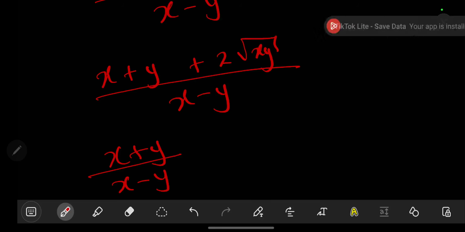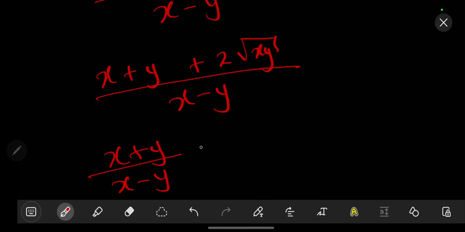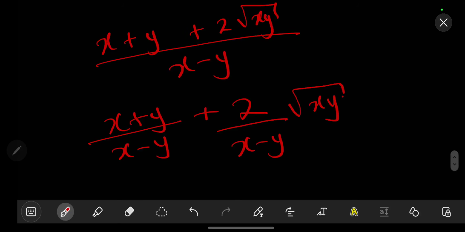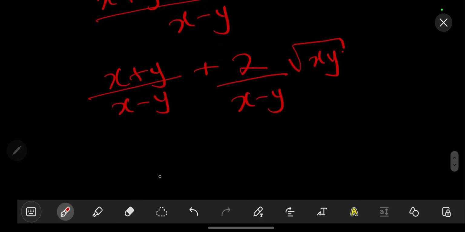So we are going to have plus, we have a 2 over our x minus y, then we can just write the square root of our xy like that.